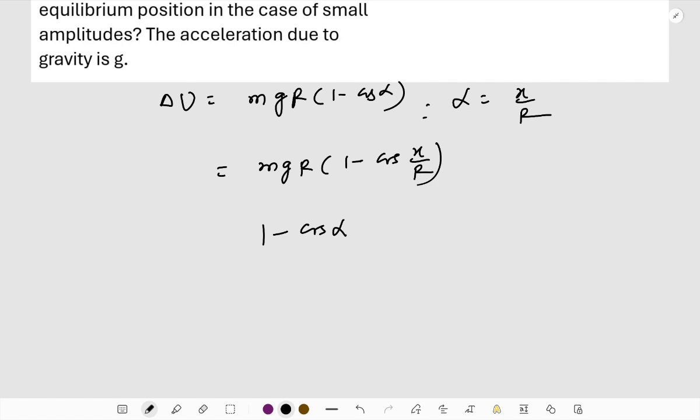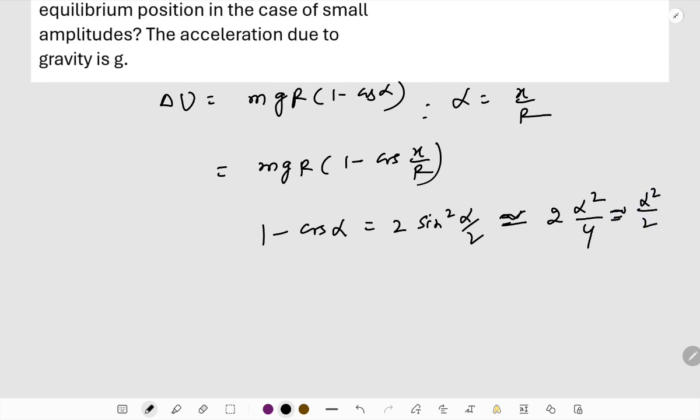I should write 1 minus cos alpha equals 2 sine square alpha by 2. If alpha is very small, that will be approximately 2 alpha square by 4. That means alpha square by 2.